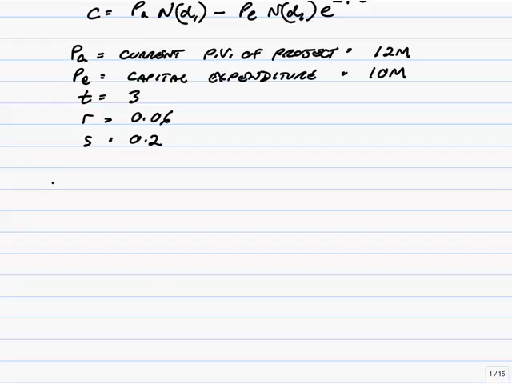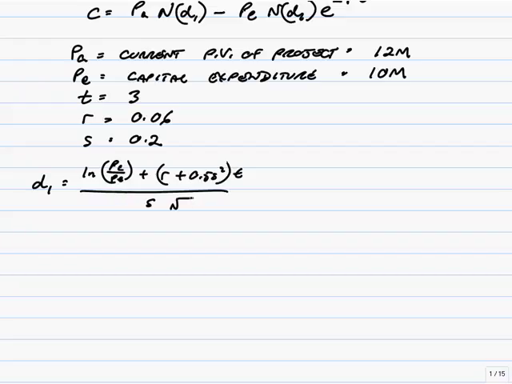Remember, for the formula we need D1 and D2. So D1, first of all, is ln PA over PE plus R plus 0.5 s squared times T, divided by s root T, which is what? ln of PA, the present value of the project, is 12 million.